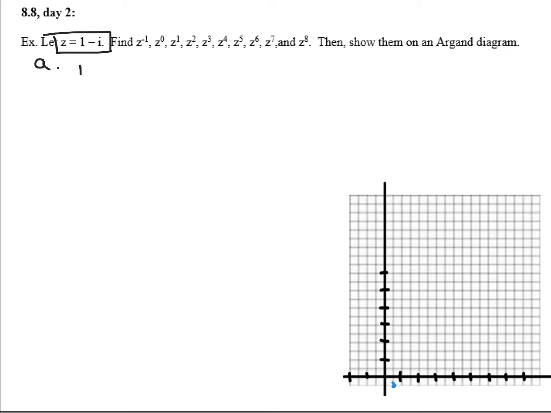All right, first thing would be to get R. A is 1, B is -1. R would be square root 2. Double check that work and make sure you're good there. And of course, we got to do a tan inverse to get theta.